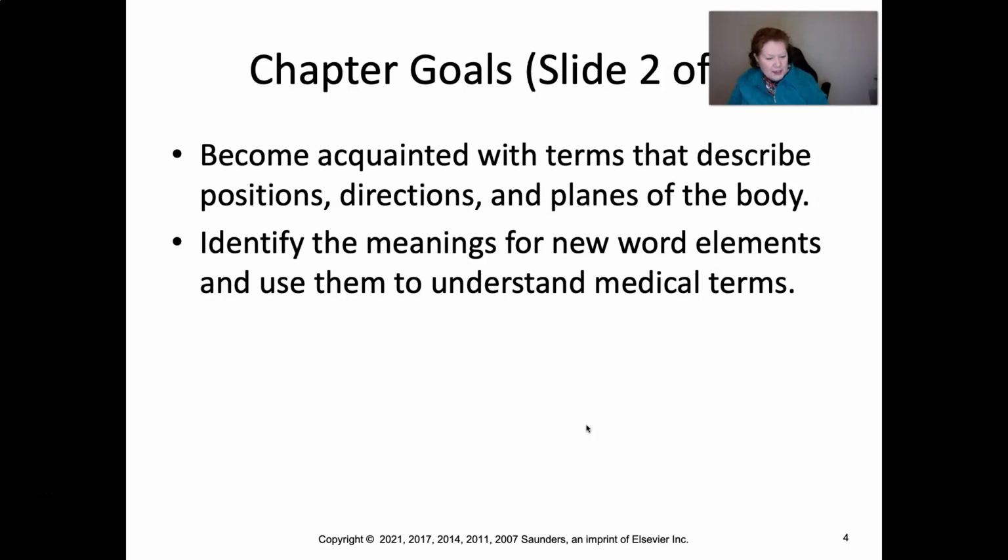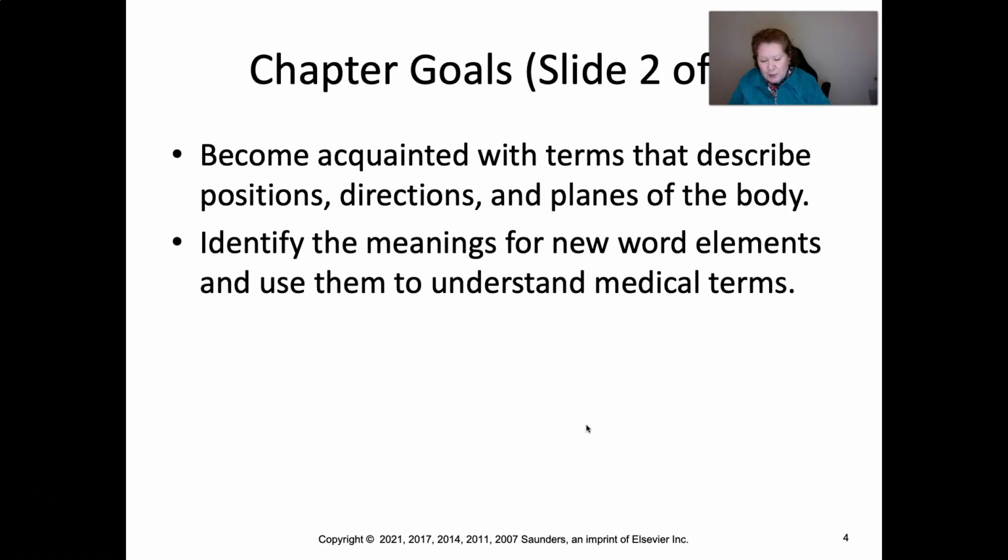And although I did not do this in the first video, I'm going to really quickly go over what our learning objectives are for Unit 1 in our syllabus as we talk through chapters 1, 2, 3, and 4. As you study chapters 1 through 4, keep these in mind. We want to identify, define, and spell the meaning of basic combining forms, prefixes, and suffixes of the medical language.